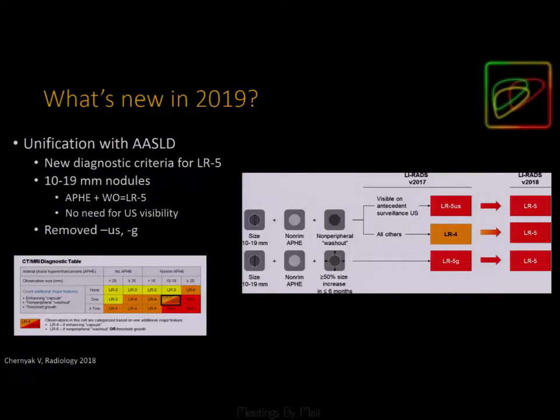And really, the compromise was to adjust the criteria for LR5 within this one cell. The rest of the diagnostic table remains the same, but what we've removed is the requirement for antecedent ultrasound visibility, and we've simplified the approach that now we just need APHE, that's what we call arterial phase hyperenhancement if you're in the know, and we need washout. And if you have APHE and washout for a 10 to 19 millimeter nodule, you've got an LR5.